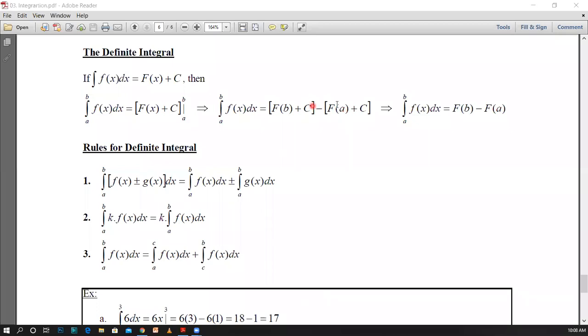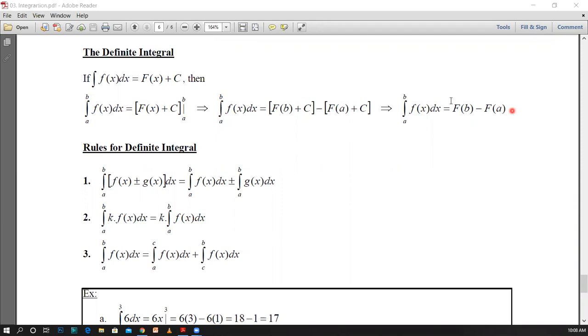These two are connected using a minus sign, since we are taking the difference. Then you can see that plus c and minus c cancel out. Therefore the arbitrary constant c is cancelled out, and the only remaining terms are F(b) minus F(a).